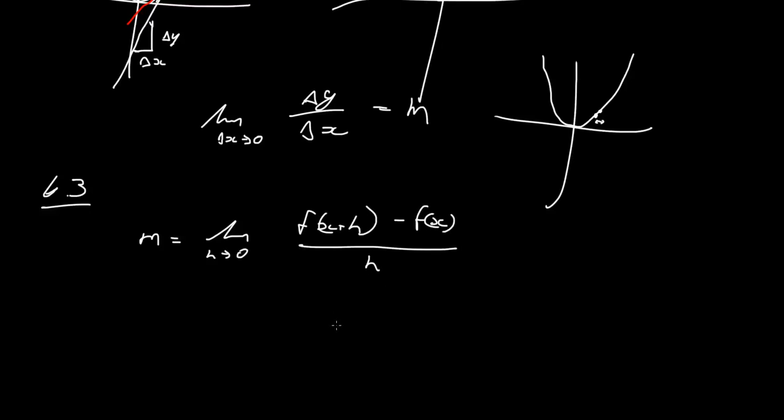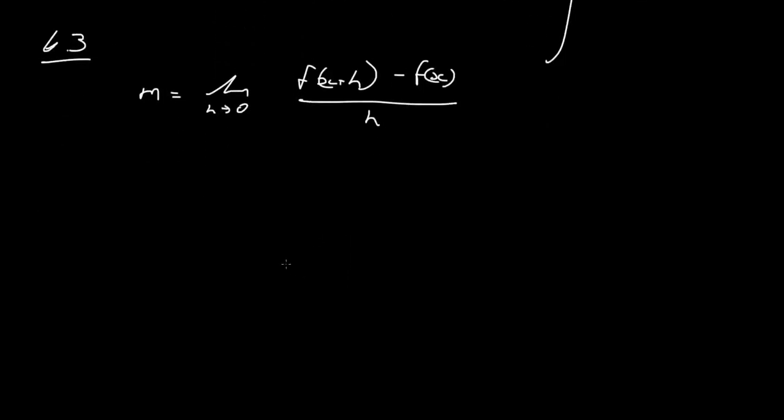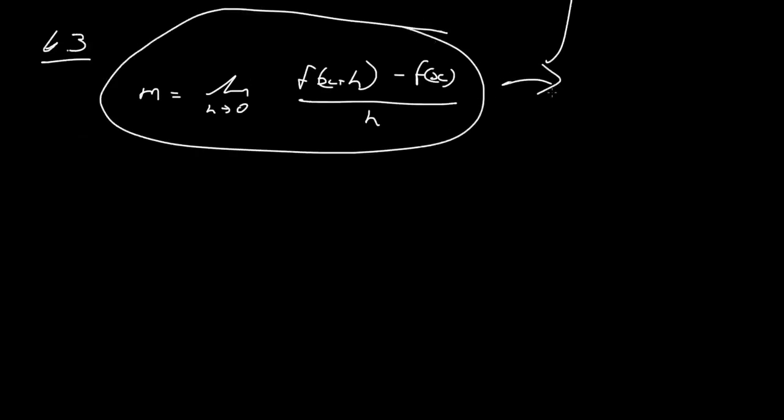If they ask you to find the gradient of, let's say, and this formula is known as the first principles formula for differentiation. So if they say differentiate by first principles, they mean use this formula.